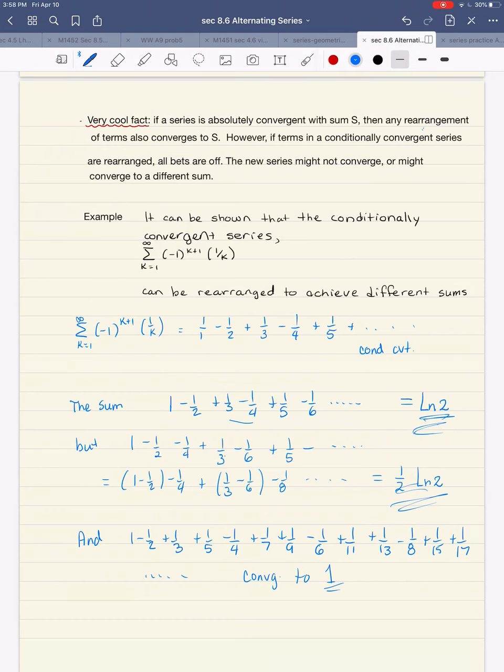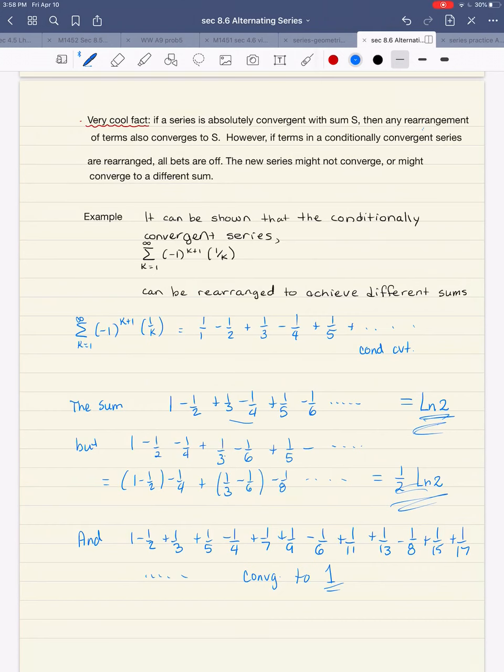Okay, so here I'm ending this section on a very cool fact that I'm not going to prove, just show you. If a series is absolutely convergent, then we know there's some sum out there. And for the absolutely convergent series, you can rearrange these terms in any way you want, and they'll still add to the same number.